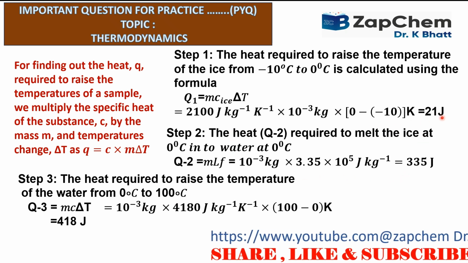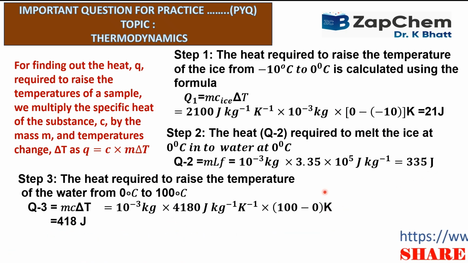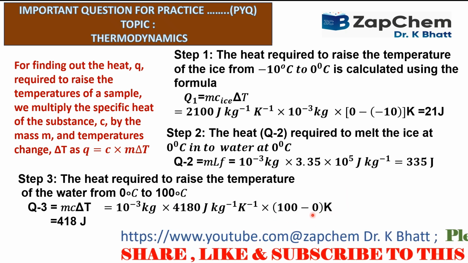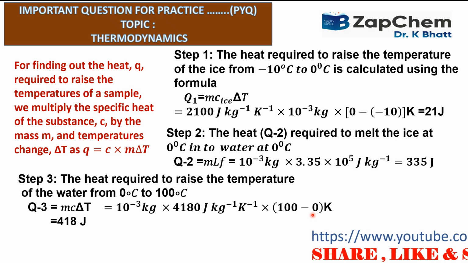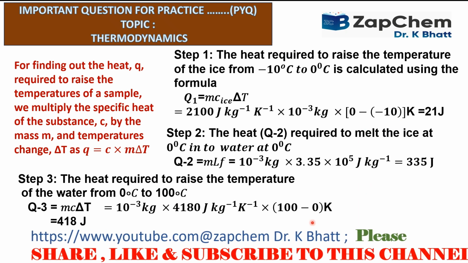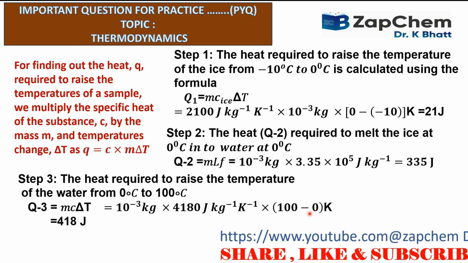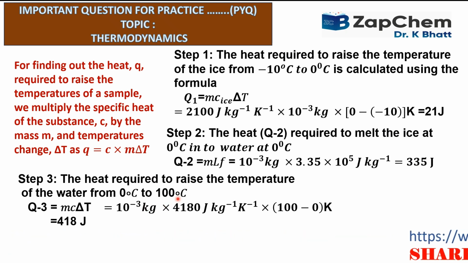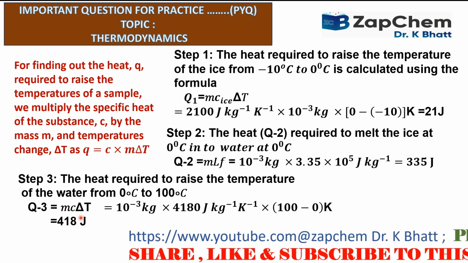It is capital J, that is joules, and the temperature to be substituted here is in Kelvin, but the difference comes out to be the same whether you add 273 to Celsius or not. So to make it simple, we can use T2 minus T1, final temperature minus the initial temperature. And of course, the units are here. So this way, when we pay proper attention, we can get Q1, Q2, and Q3.